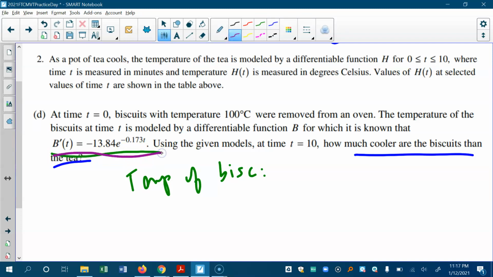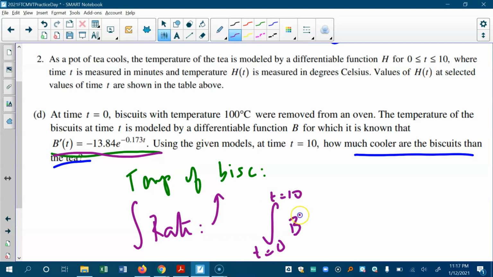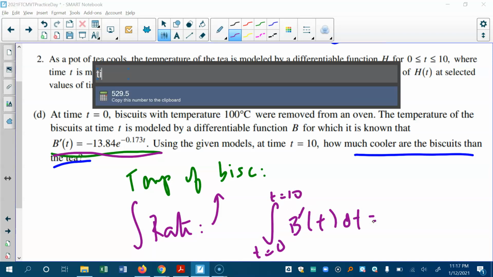If I integrate the rate, I get the temperature. So I need to integrate from t equals 0 to t equals 10 of B prime of t. And I'm not going to try to do that by hand. I'm going to type that into my calculator.